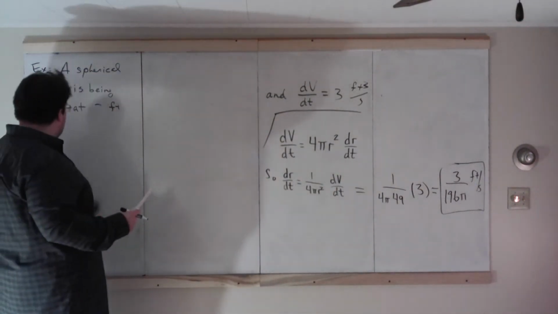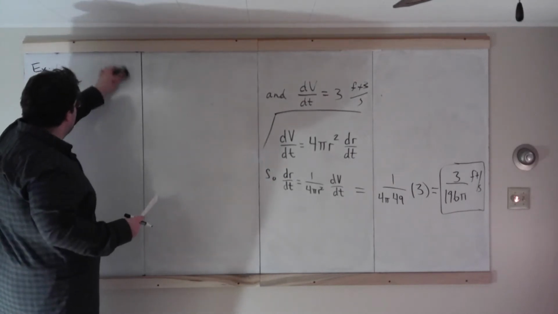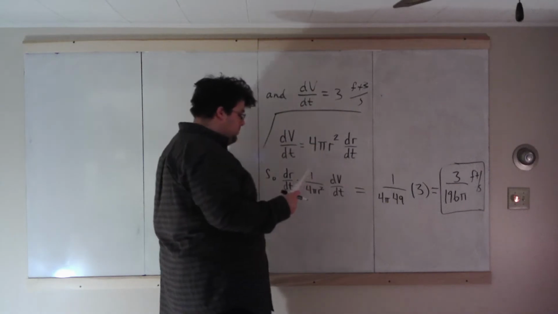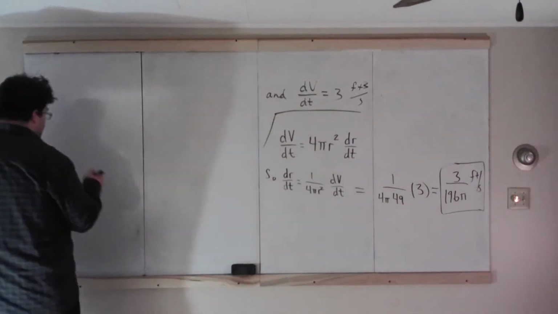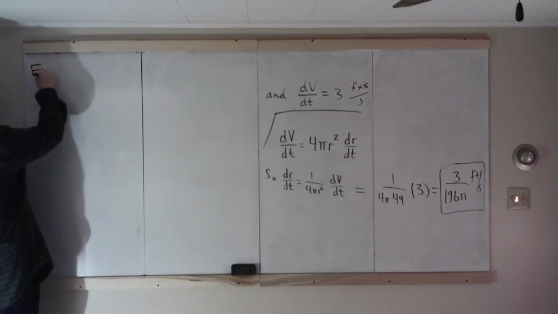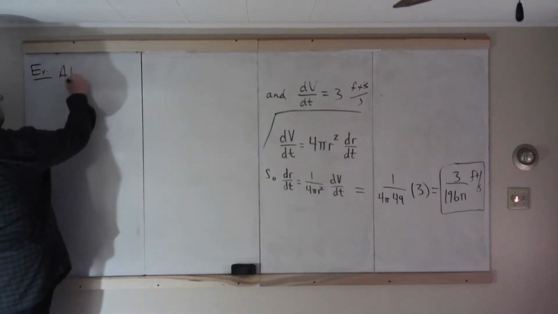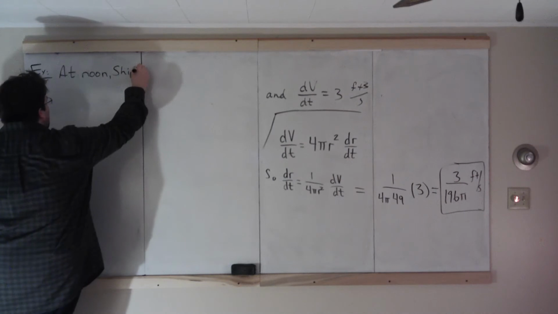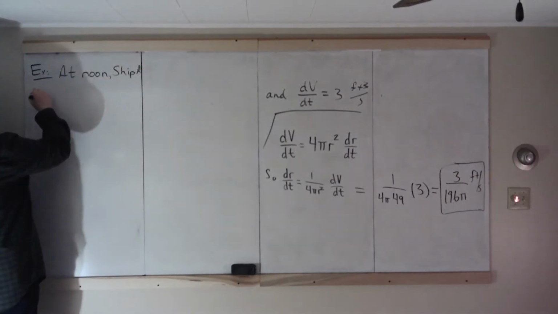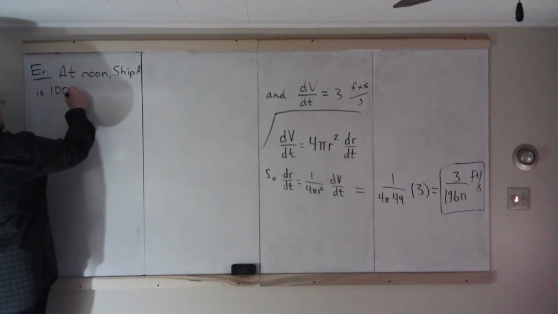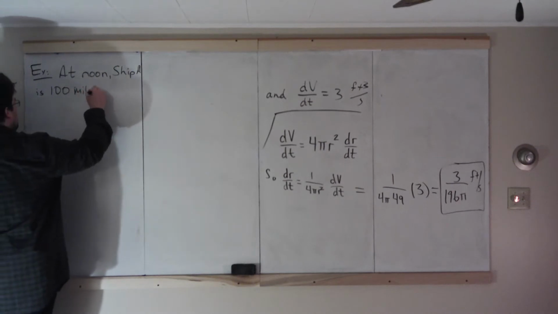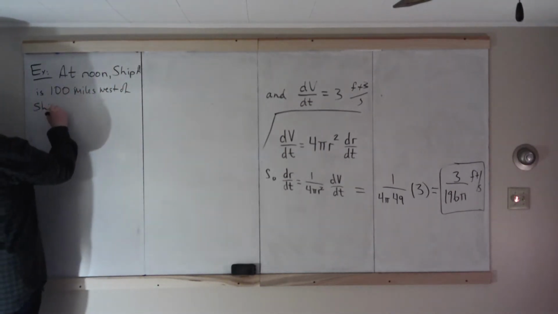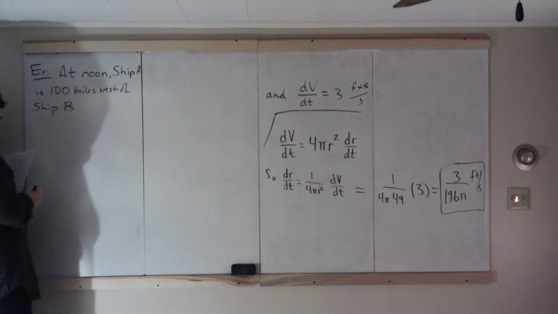So the ones we've done so far have used 2 variables. Let's look at one where we're going to have a 3rd variable. At noon, ship A is 100 miles west of ship B. Great.